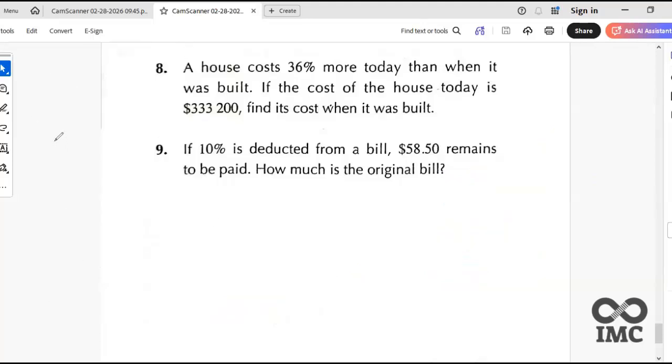Now question number 9. Question number 9 says if 10% is deducted from a bill, 58.50 remains to be paid. How much is the original bill? So let the original bill be X. So X minus 10% of X equal to 58.50. Now solve.